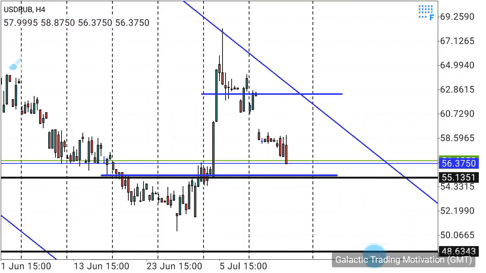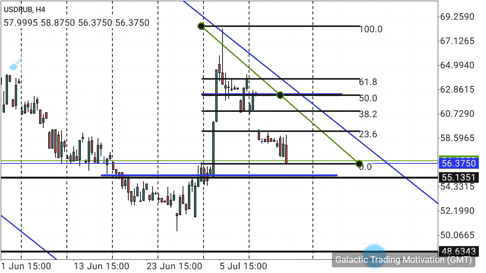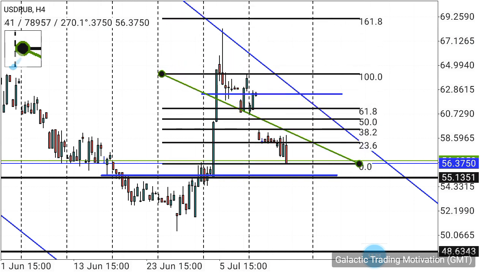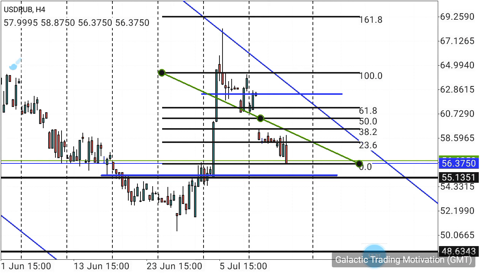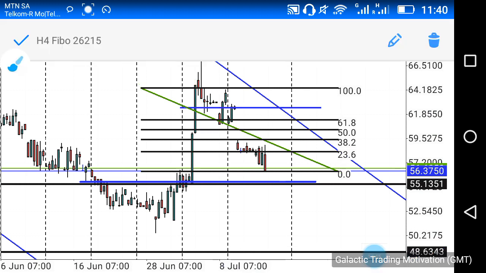Let's have a look. So we can see that in regards to the Fibonacci retracement tool, the neckline of this overextended M structure doesn't really align with any key numbers, right? So we can just delete that tool, right?